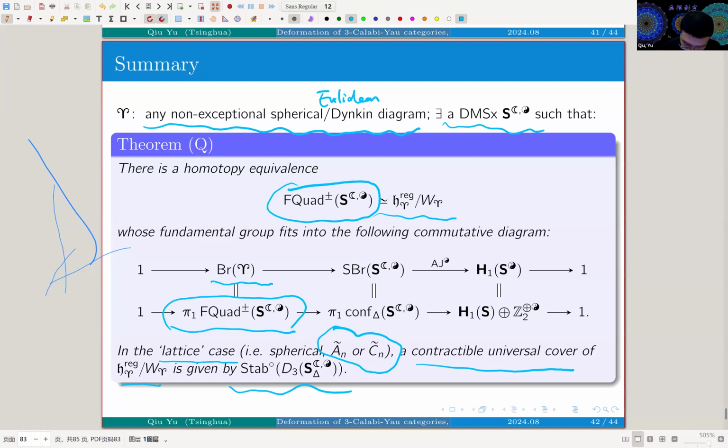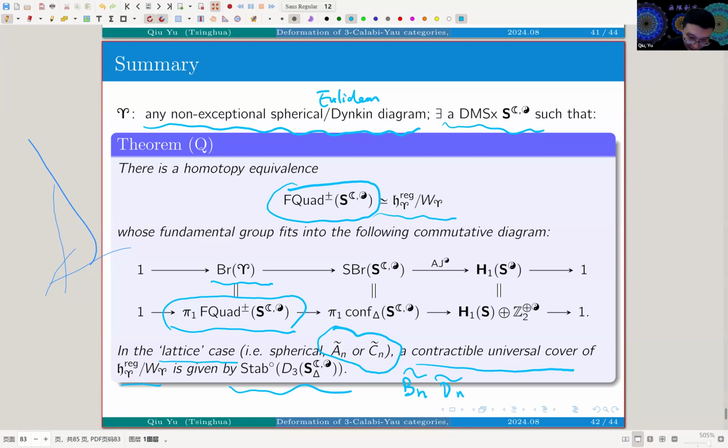So the only missing parts are B_n tilde and D_n tilde, because in these two types, the corresponding 3-Calabi-Yau category is a little bit tricky to understand. But for everything else, we can have that.